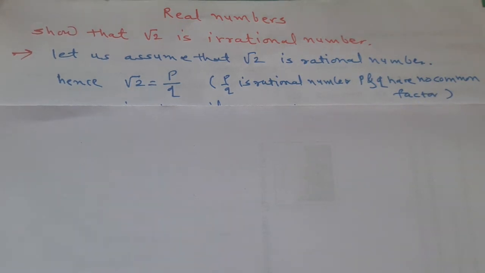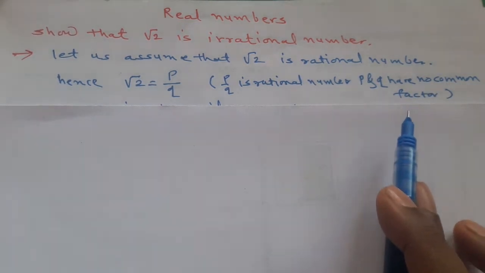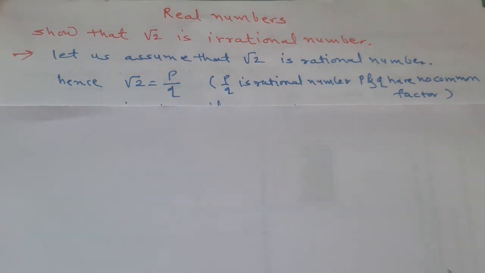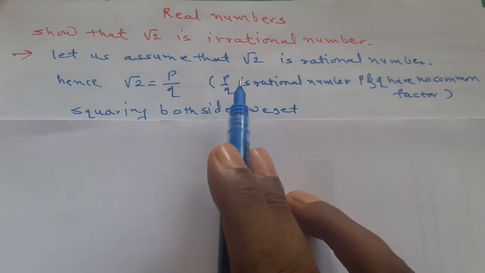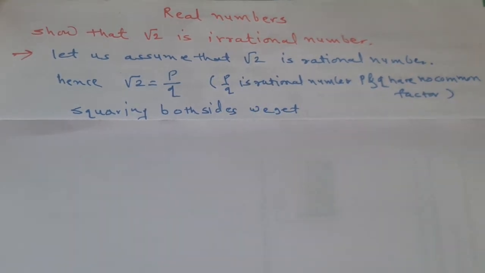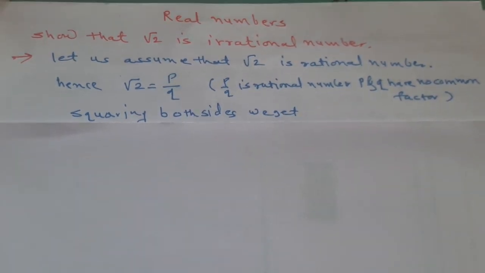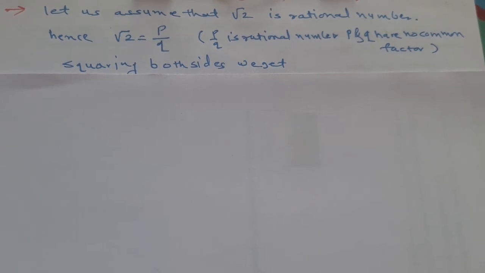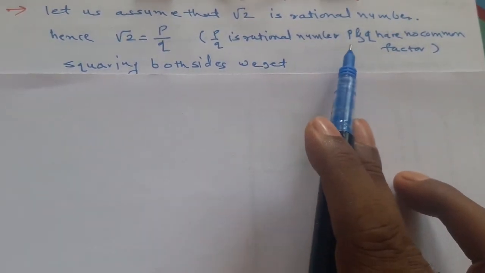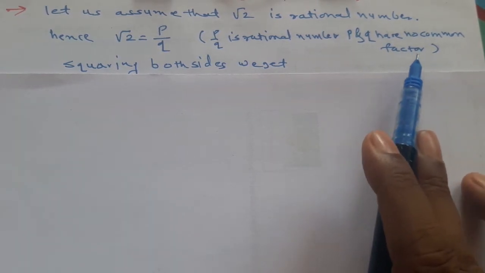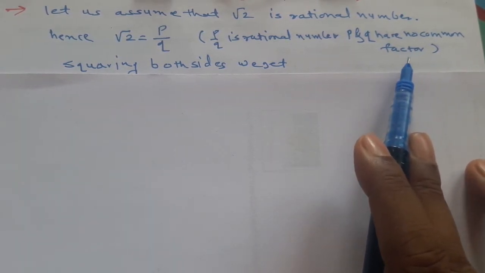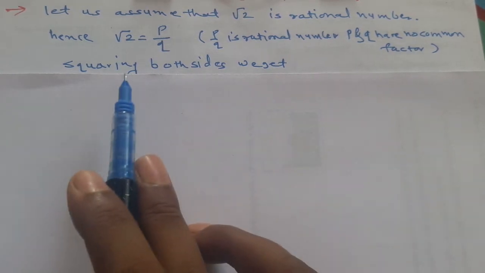We assume this because we assumed root 2 is a rational number.